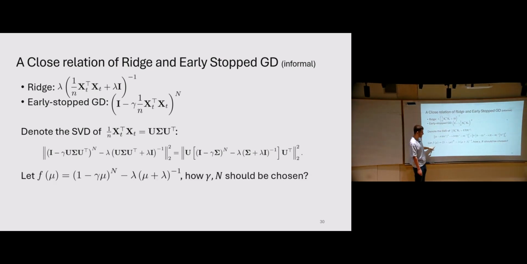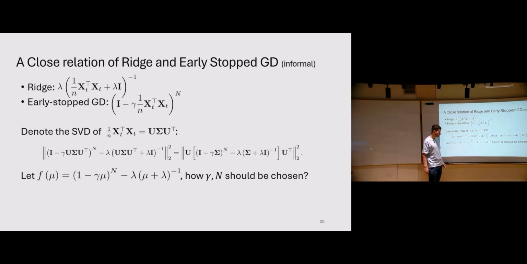Let's define f of mu, which corresponds to the quantity here: (1 minus gamma mu) to the power of n, minus lambda over (mu plus lambda)... How should gamma and n be chosen in order to minimize this f of mu for all mu? Just a quick reminder that mu is bounded by the Marchenko-Pastur law. We said before that the eigenvalues are bounded between alpha minus and alpha plus, so mu is in a compact set.